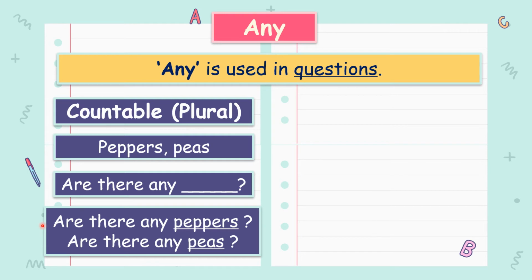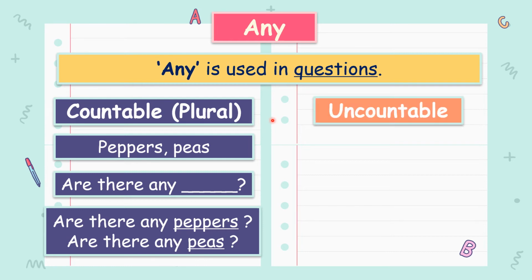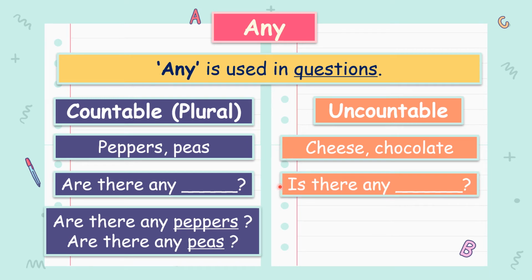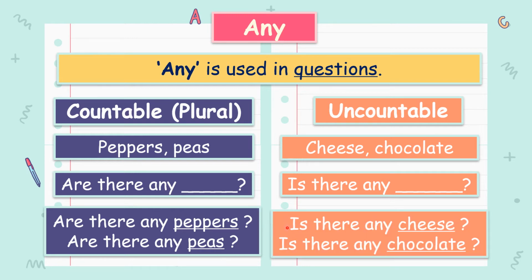Are there any peppers? Are there any peas? While for uncountable nouns, examples are like cheese or chocolate, you use the sentence is there any? Because you cannot count, it comes in one whole big item or ingredient. So, for example, is there any cheese or is there any chocolate? Alright, now how do you answer questions when people ask you question?